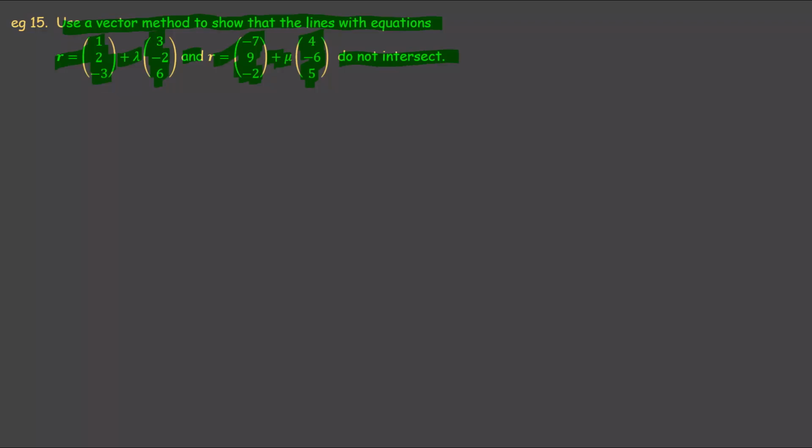So what we need is for (1, 2, -3) + λ(3, -2, 6) to be equal to (-7, 9, -2) + μ(4, -6, 5). And we need to show that there are no values of λ and μ that are going to work for this situation.